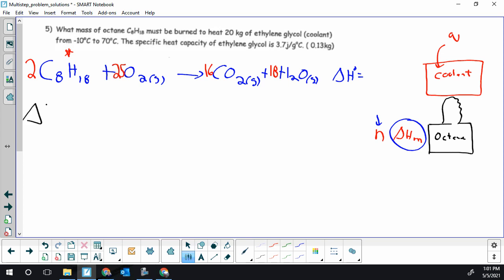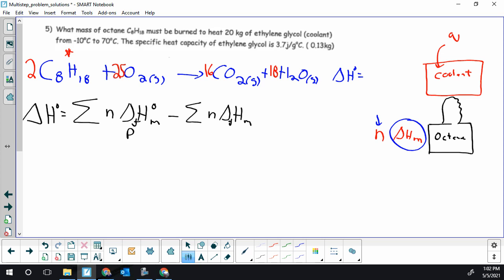So I'll predict the change in enthalpy under standard conditions, because our data booklet only gives us standard conditions, by summing up the moles times the molar enthalpy of formation of all our products and subtracting that from our reactants. I always like to open a bracket, do the first sum, close it, do the subtract, and then open a bracket for our reactants.